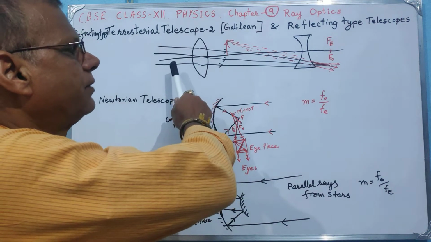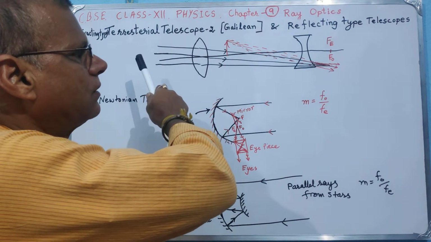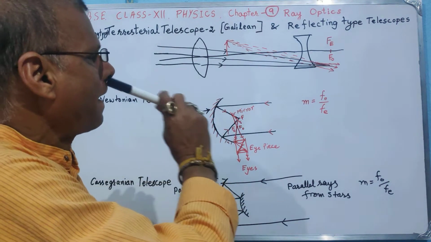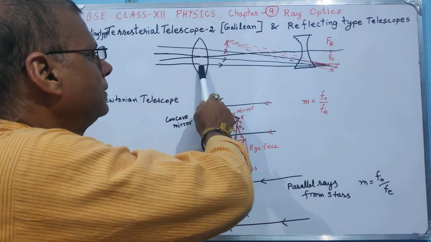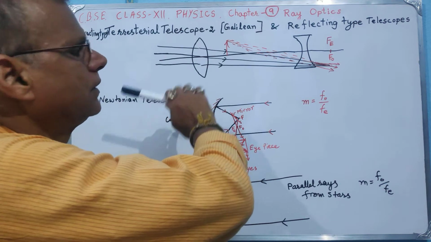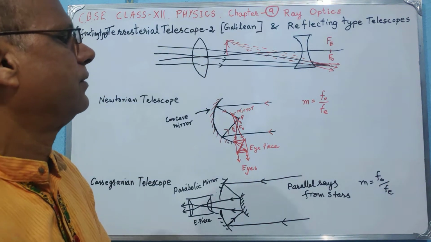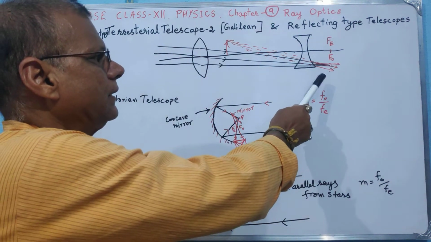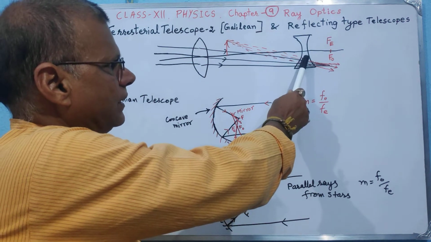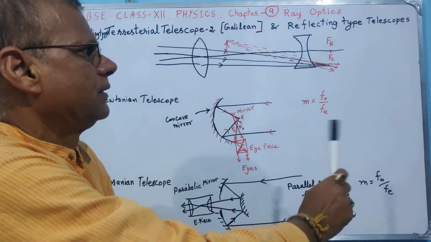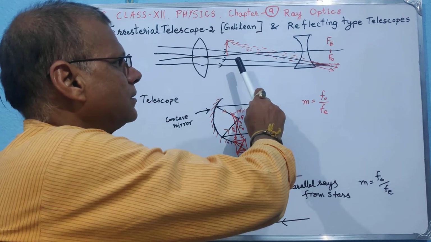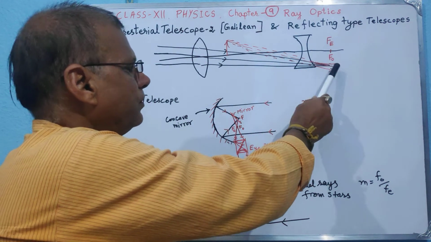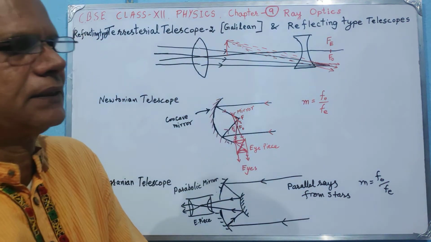Now the rays coming from the star or distant objects will converge somewhere at the focus of the objective. We assume that the object is very far distant. Then the concave lens is placed such that the focus of the concave lens coincides with the focus of the convex lens.